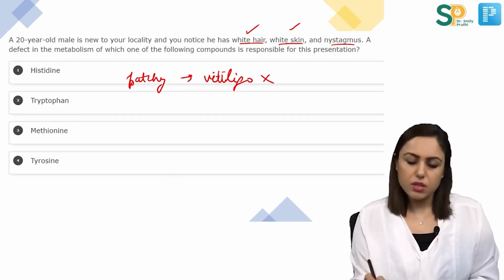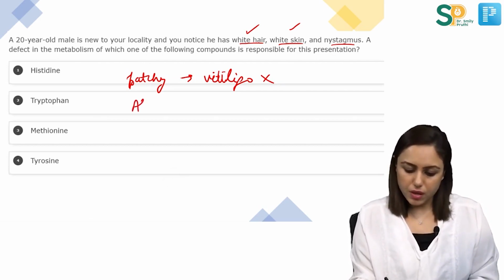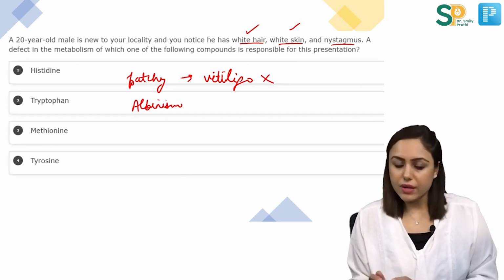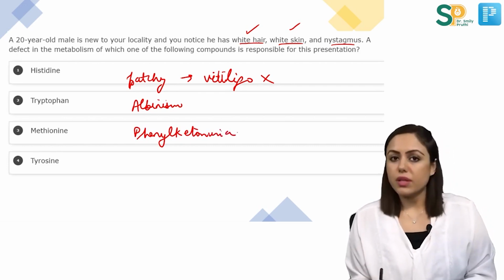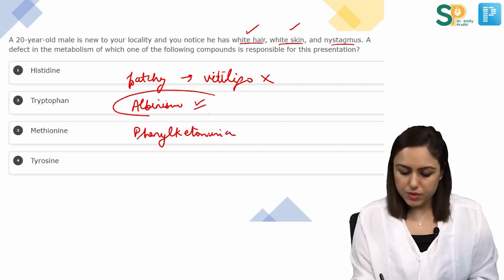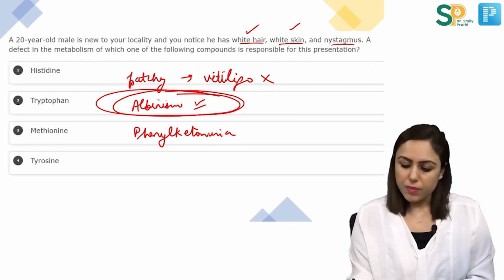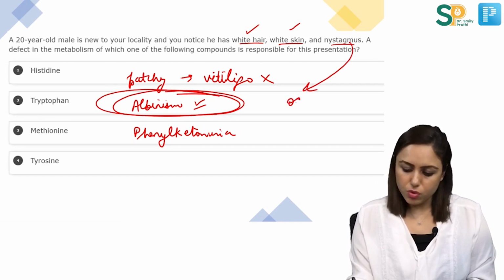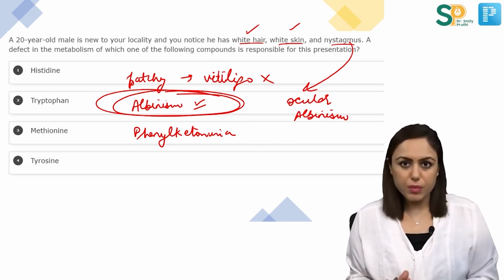When it is complete white and light color, then it can be albinism, right? Or this whitening also occurs in phenylketonuria, right? But the diagnosis is more towards albinism. They have not written anything about phenylketonuria, right? And nystagmus also occurs in ocular albinism. So, the best diagnosis here is albinism, right?